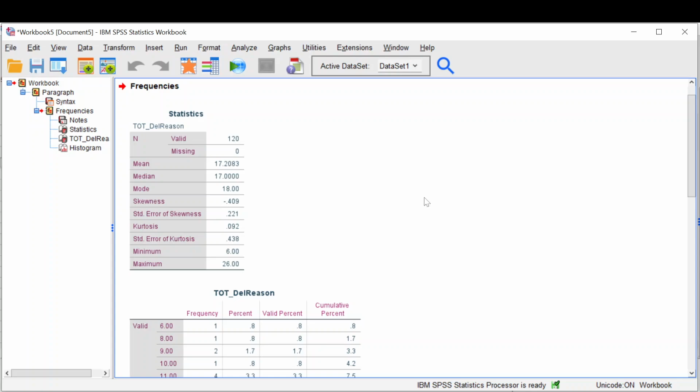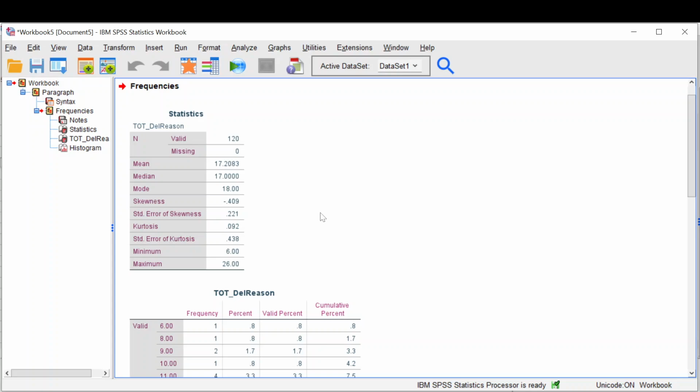Next, I want you to look at this new statistic. It's called skewness. So skewness essentially tells us whether the data is over or underrepresented within the data set. So in other words, do the responses skew more towards the lower numbers in the Likert scale or more towards the higher numbers in our Likert scale?